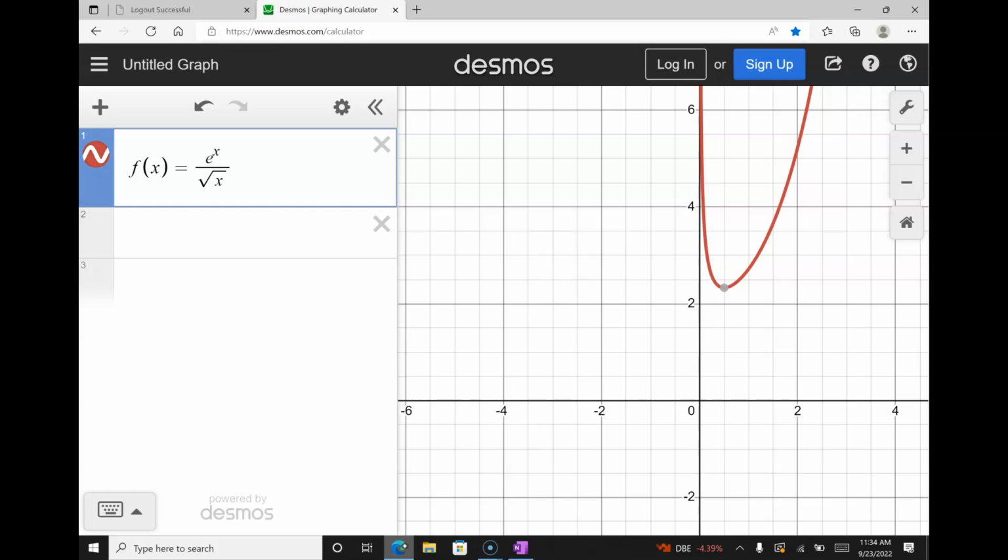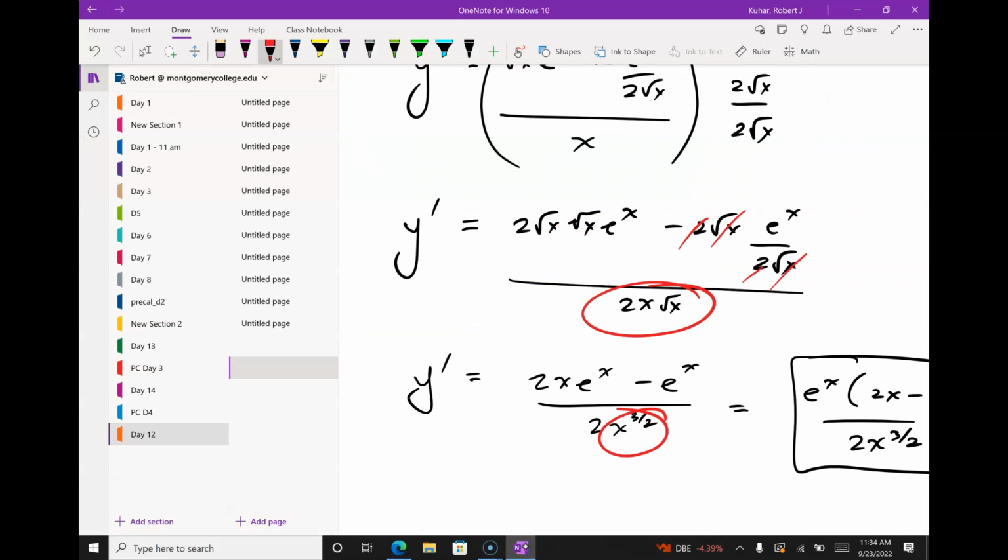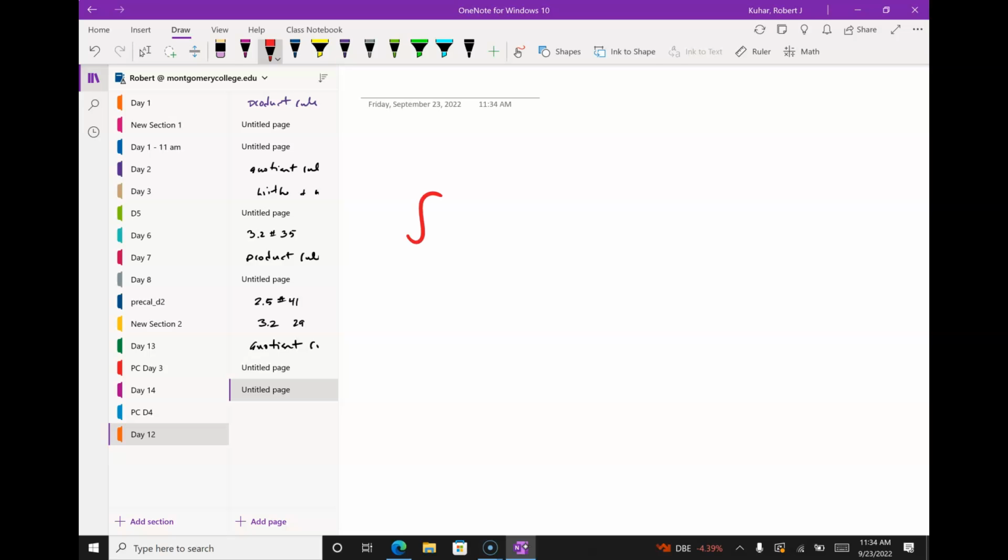Let's do a silly one. We'll do one with and without the product rule on a dumb question, because f of x equals 1 over x is really x to the minus 1.